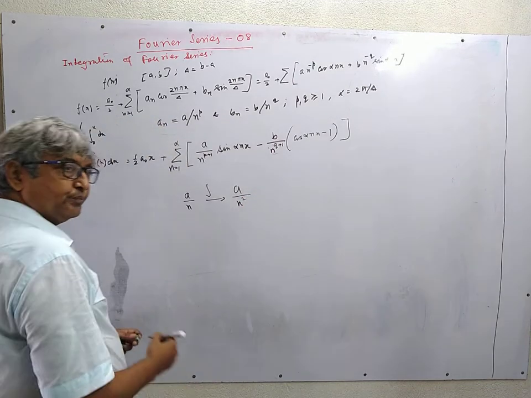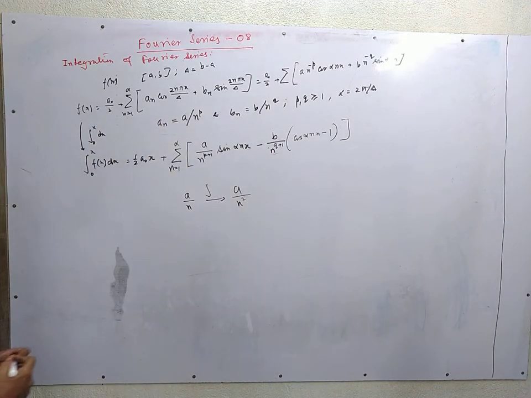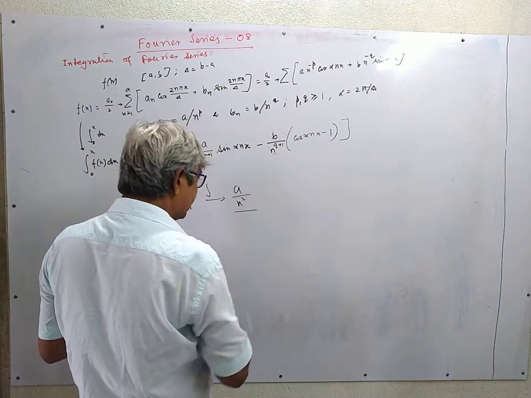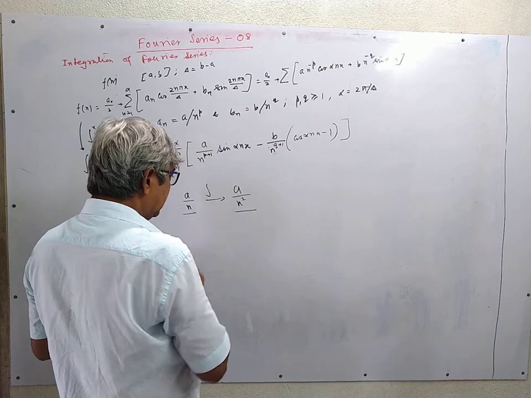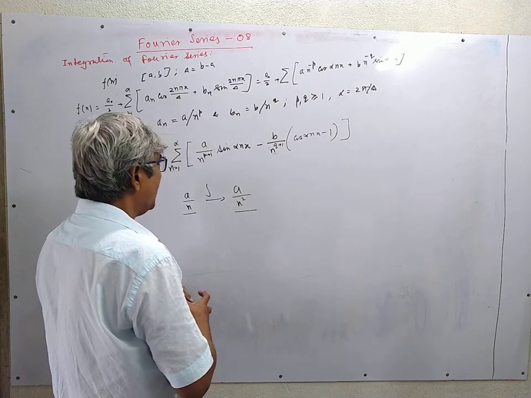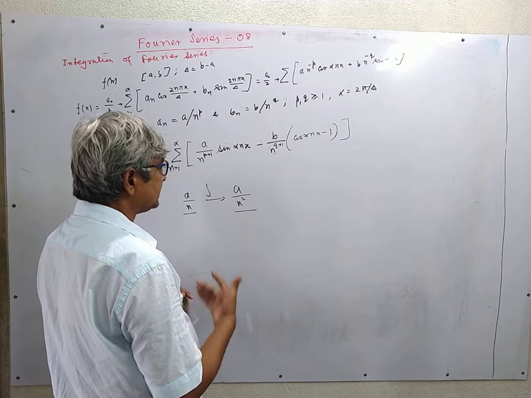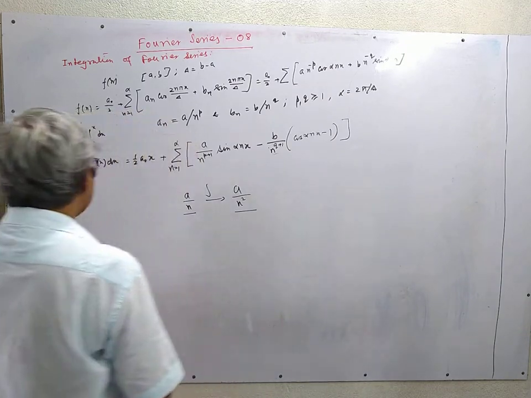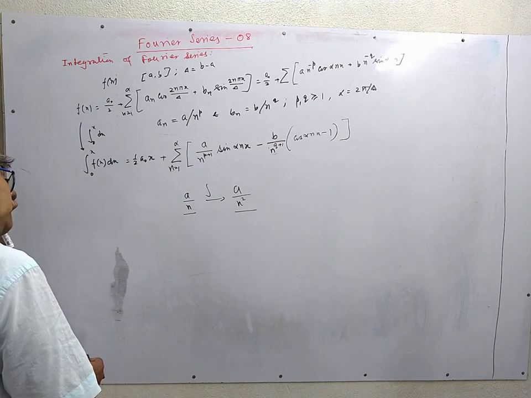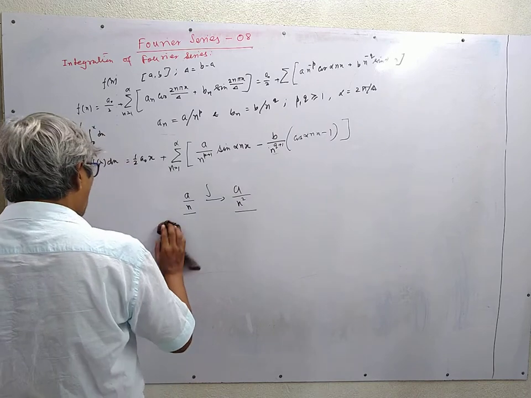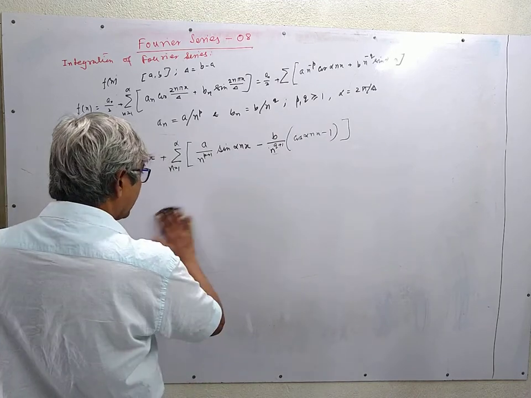So the rate of convergence of the series on the right is faster for this case rather than this. So on integration we get a series on the right hand side which has a faster rate of convergence compared to the original series. So the term by term integration of a Fourier expansion always leads to a correct result.